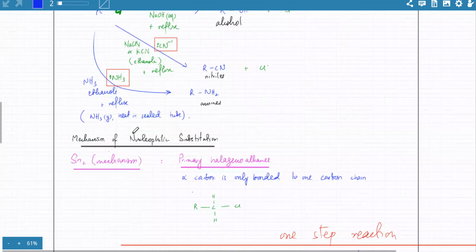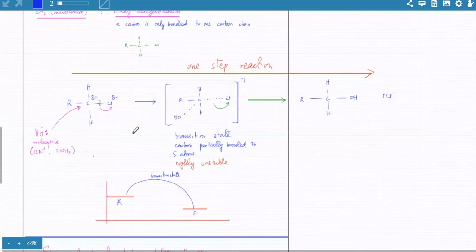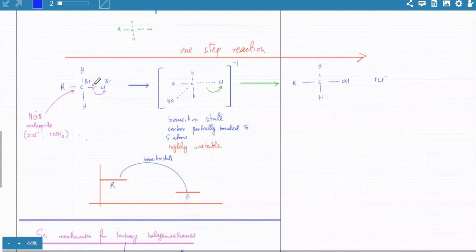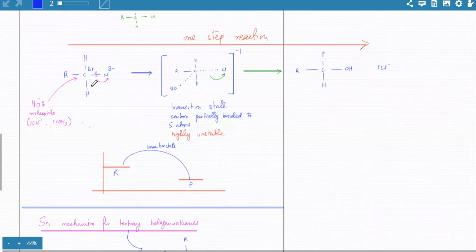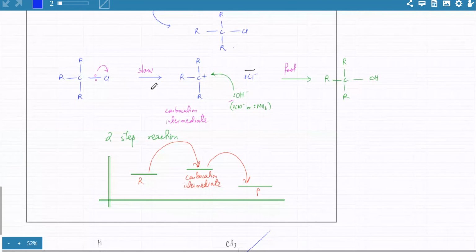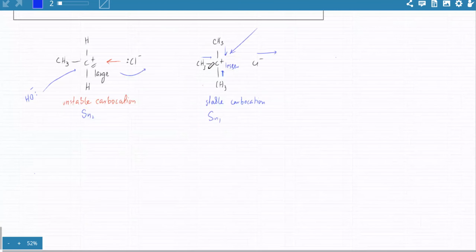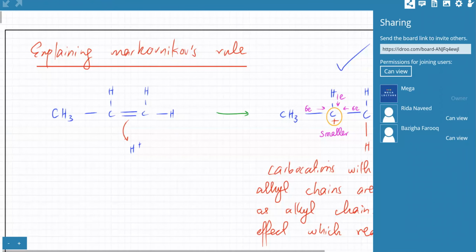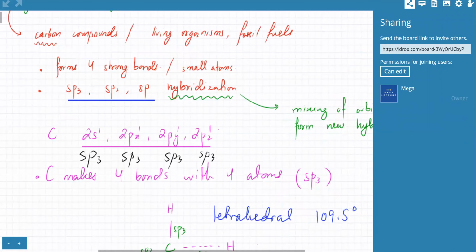And you had the mechanism of primary halogenoalkanes, which had a one-step reaction in which the OH would attack the carbon directly, and then you had an SN1 mechanism, which was for tertiary halogenoalkanes, where the OH would come in later. A carbocation would first be formed, and then the OH minus is going to come in and bond with the carbon atom. And then you had one other reaction, which is probably on some other board, and that is the elimination reaction.